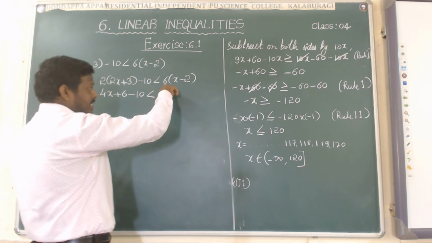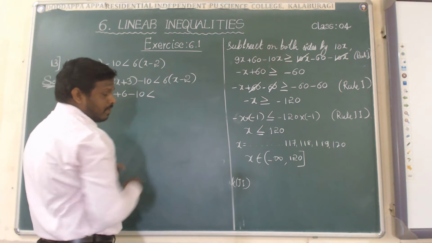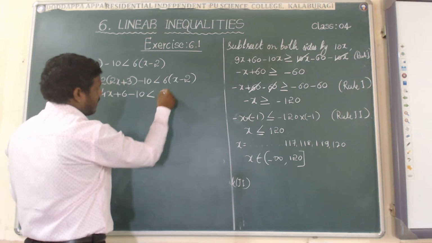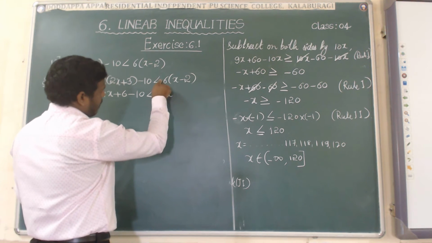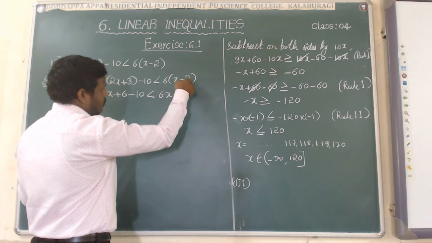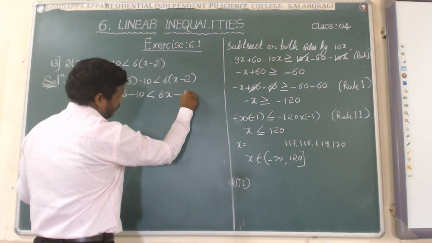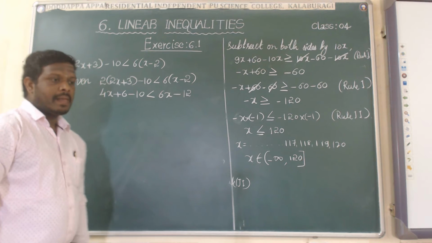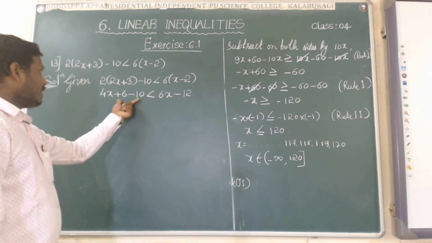And again, 6 we have to multiply with both terms of the bracket: 6 into 1x, 6x, plus into minus, minus 6 into 2 is 12. Okay, now simplify here, these are two like terms.